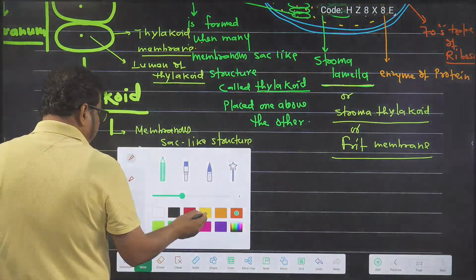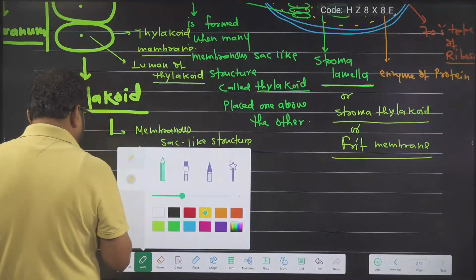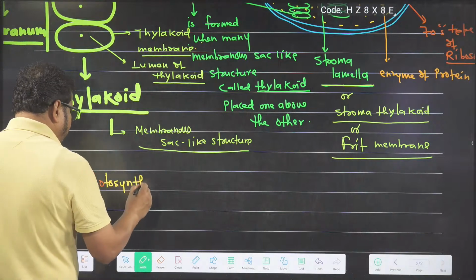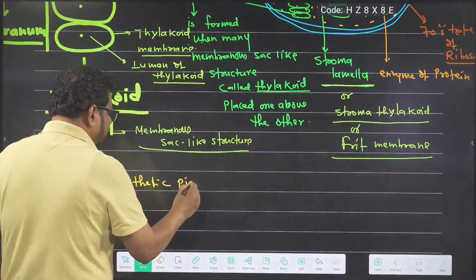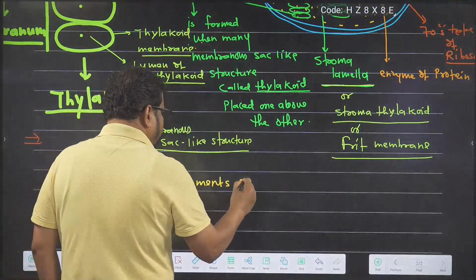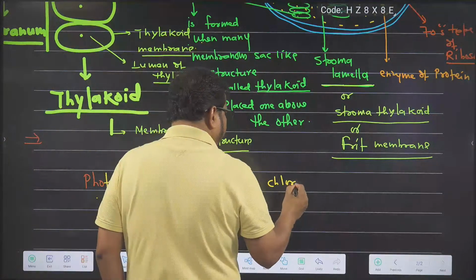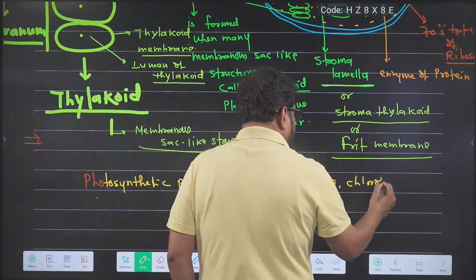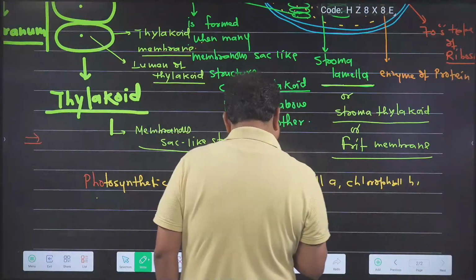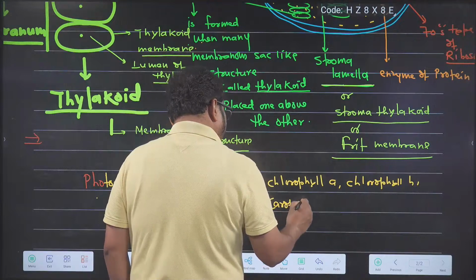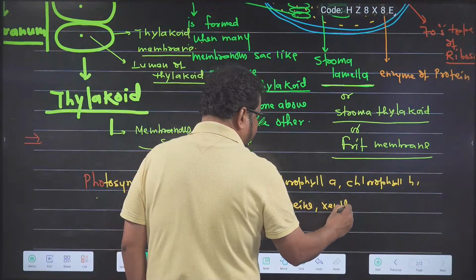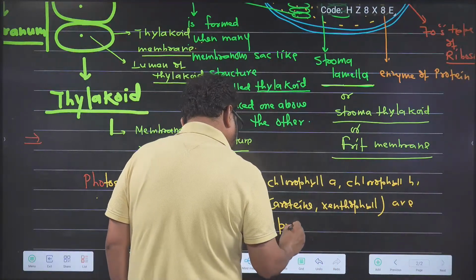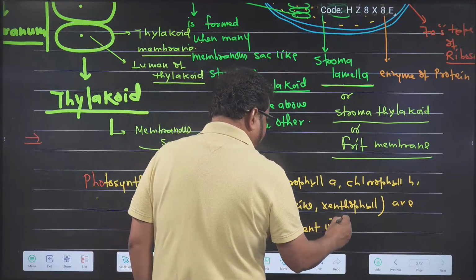Which pigment, in which form, we will deal with in the photosynthesis chapter. Examples: chlorophyll a, chlorophyll b, carotene, xanthophyll are present in the thylakoid membrane.